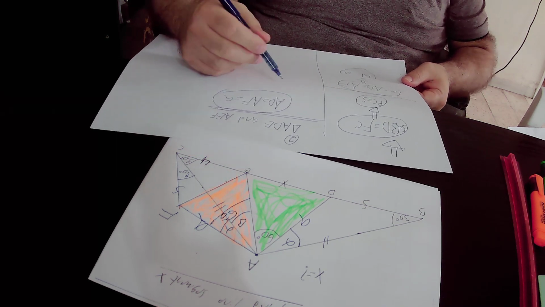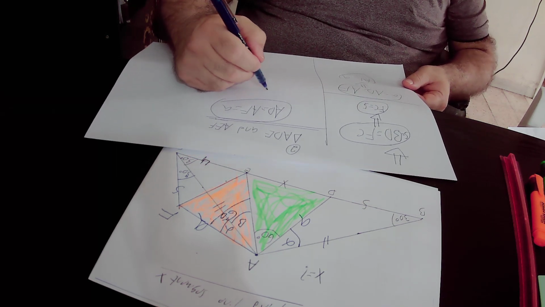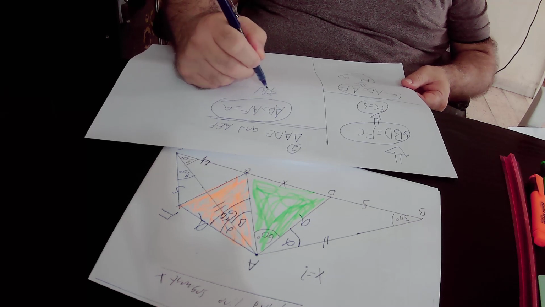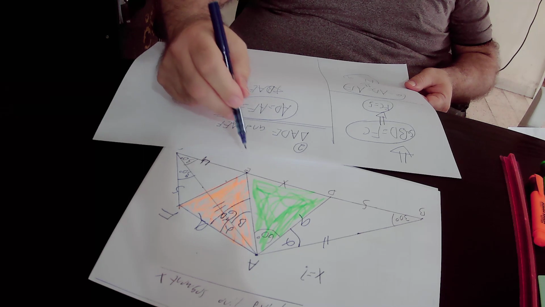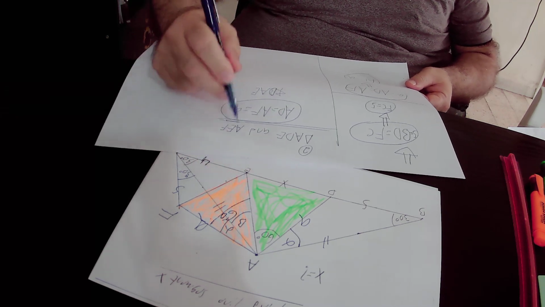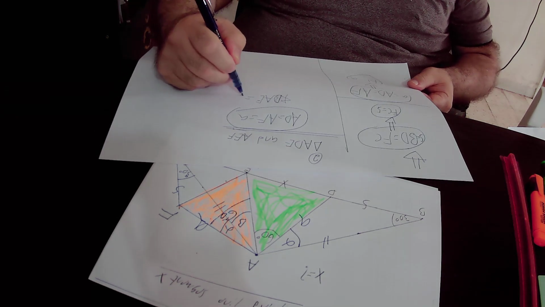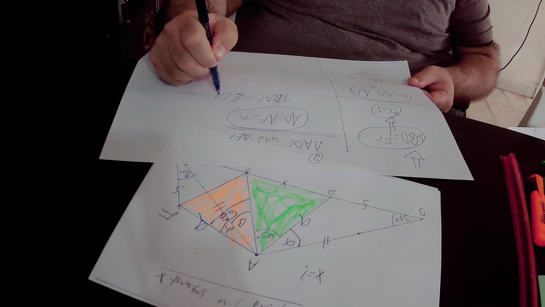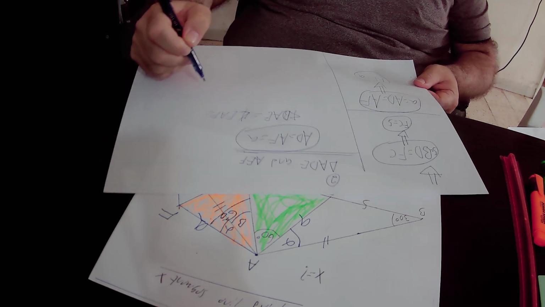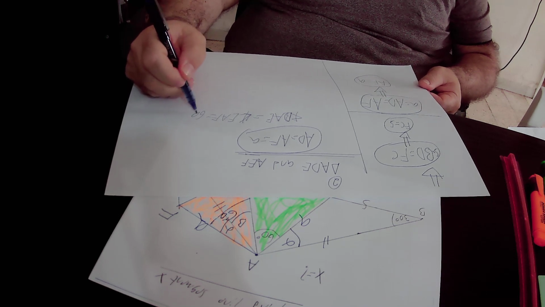So here we can write down that angle DAE, this angle, equals angle EAF, this angle, and both angles are equal to 60 degrees.